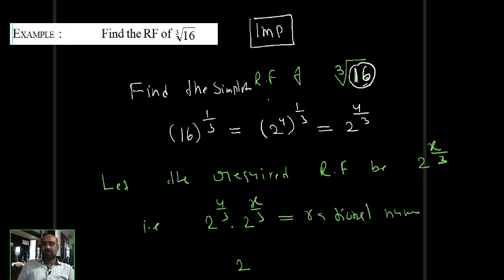That is 2 power (4 plus x) by 3 should be a rational number. I will write it on the next page. 2 power (4 plus x) by 3 is rational.